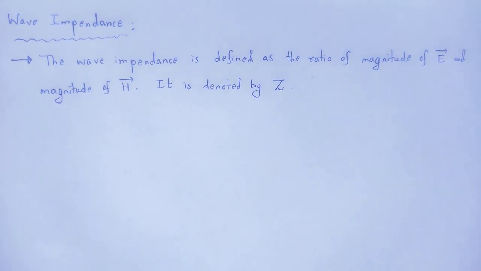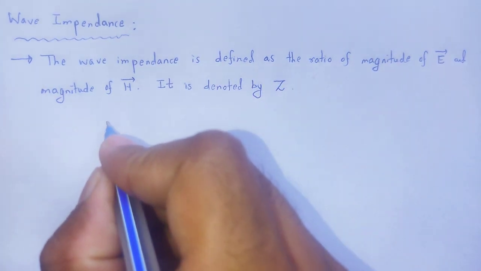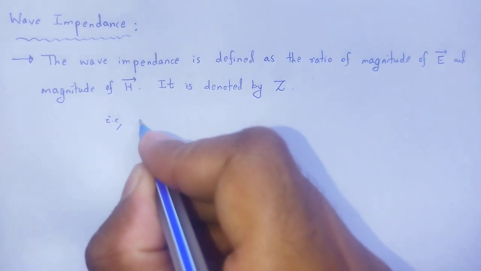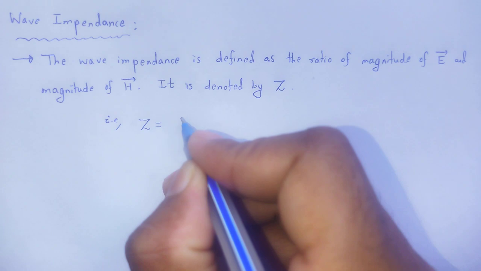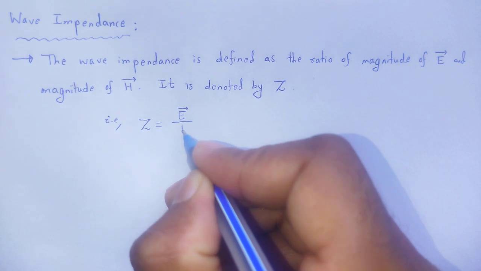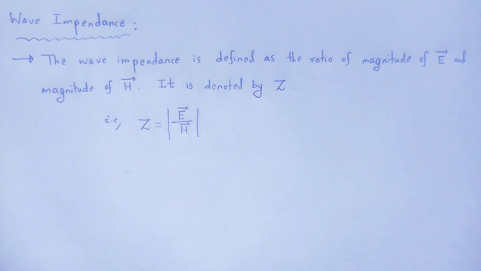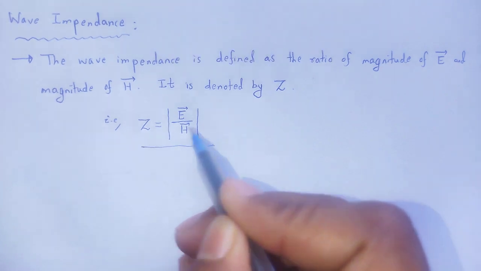The definition of wave impedance is the ratio of magnitude of E vector and magnitude of H vector, and it is denoted by capital letter Z. That is, Z is equal to the ratio of magnitude of E vector to magnitude of H vector. This is the basic definition of wave impedance.